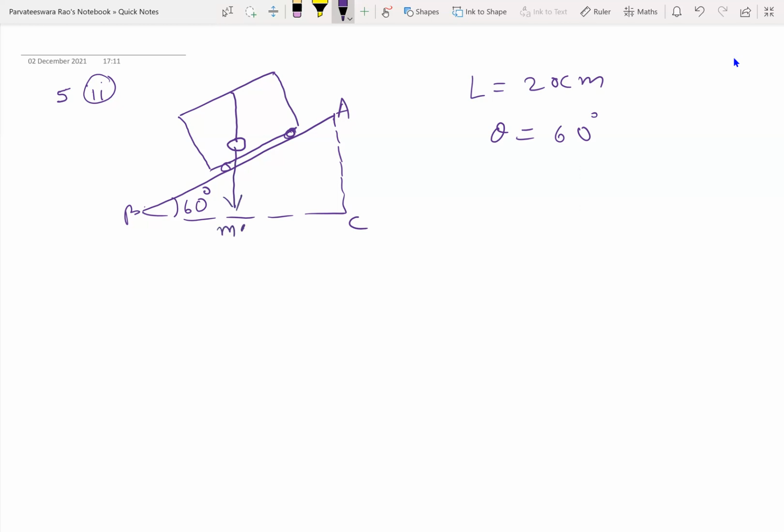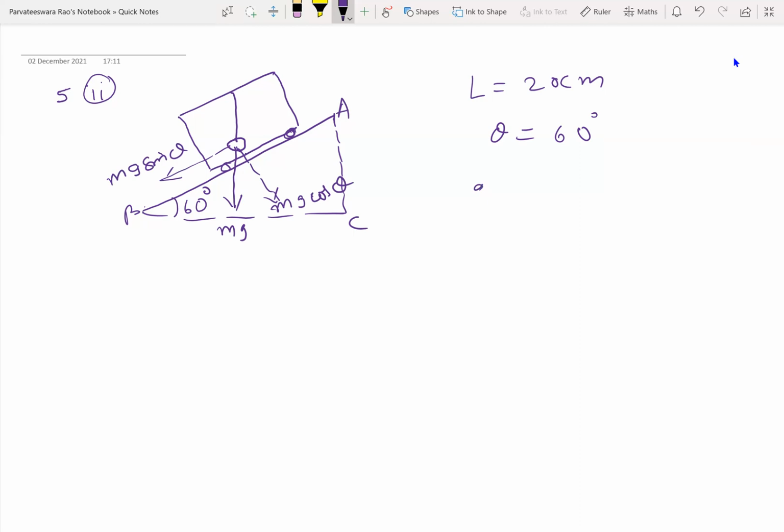This is mg, downward. This is mg cos theta, and this is mg sin theta.